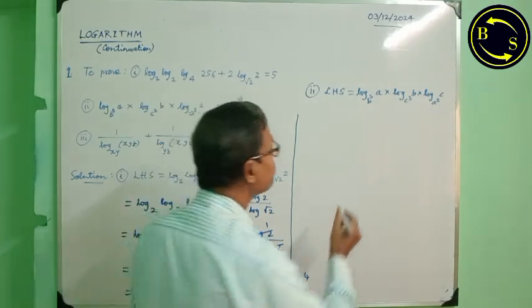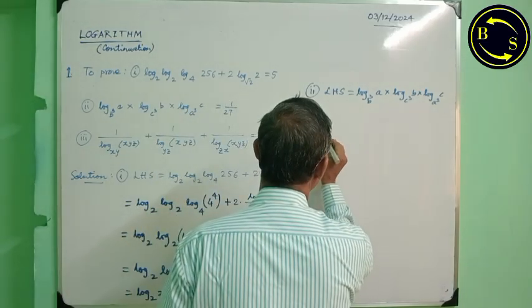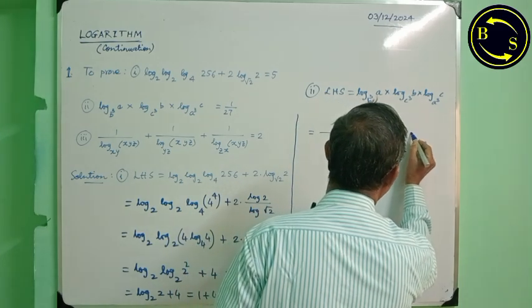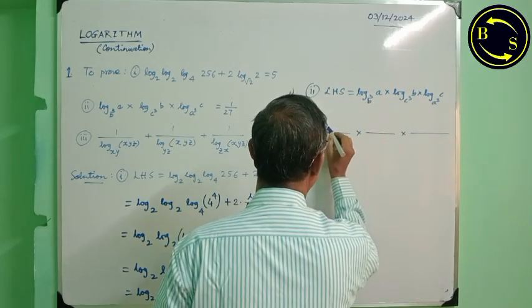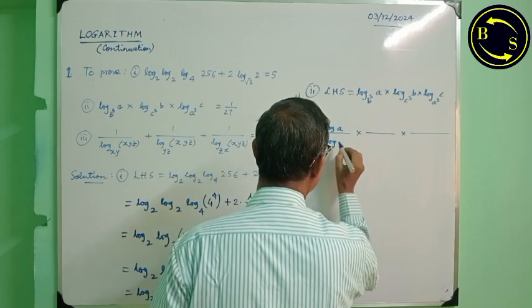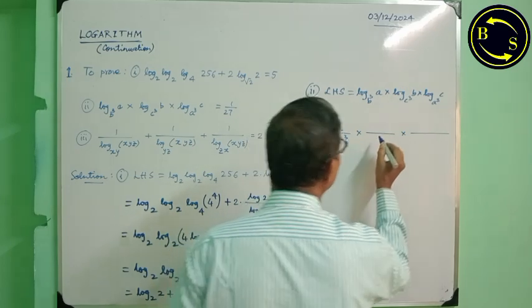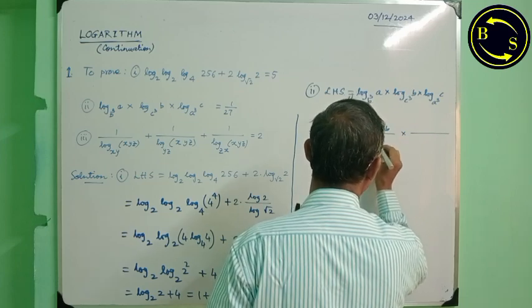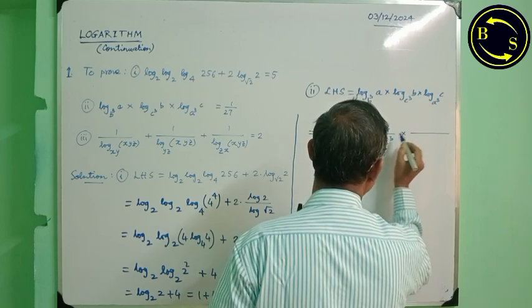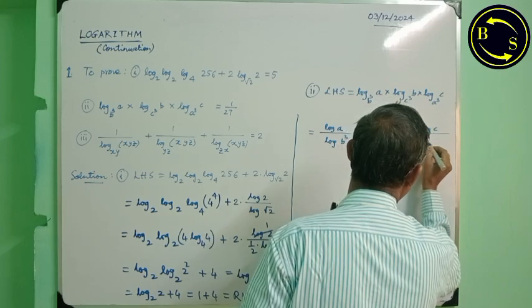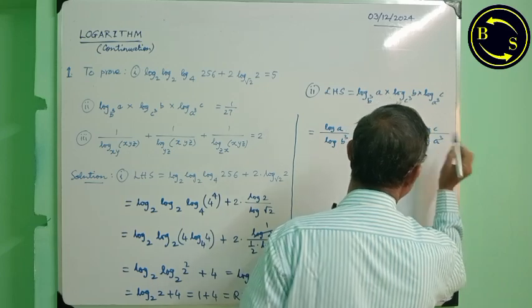Now I apply first the base changing formula like this: log of a, log of b cube, log of b, log of c cube, log of c, log of a cube.